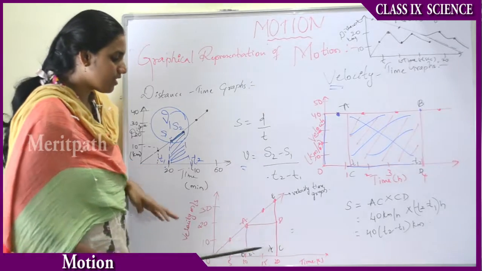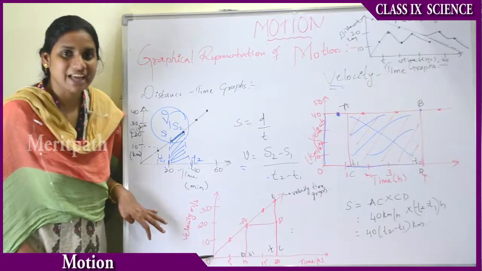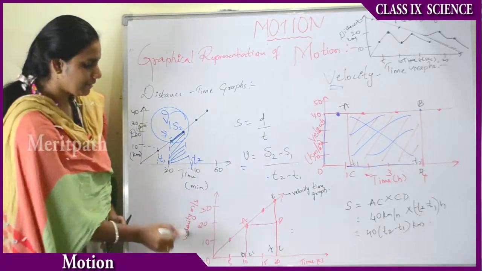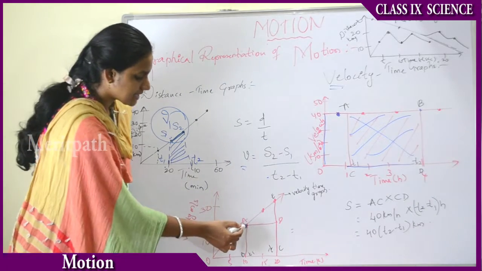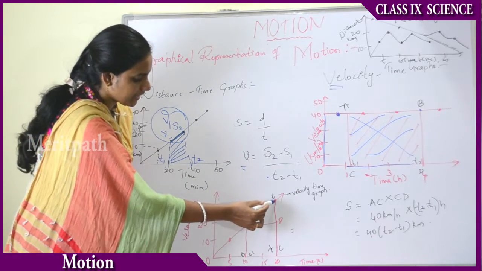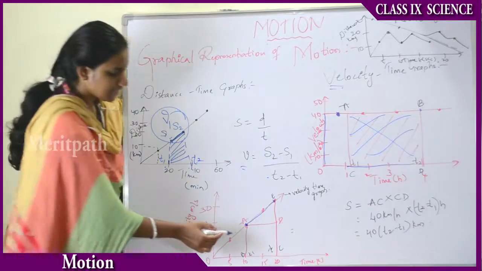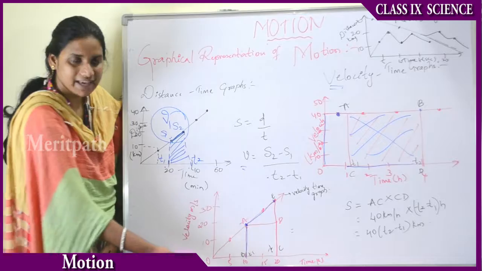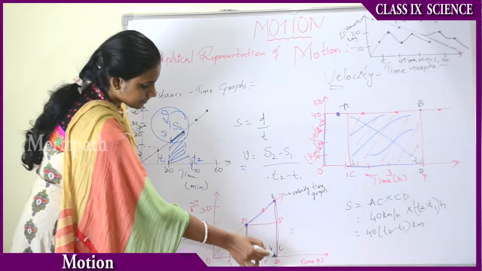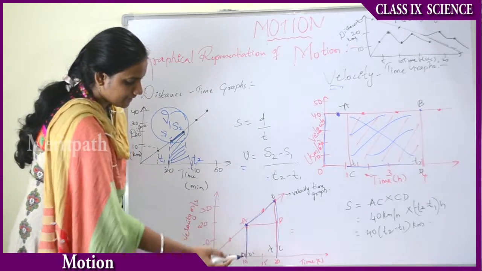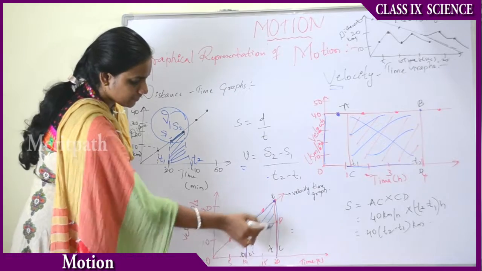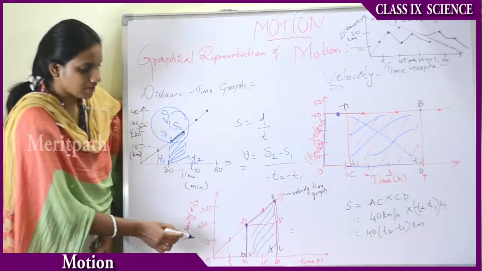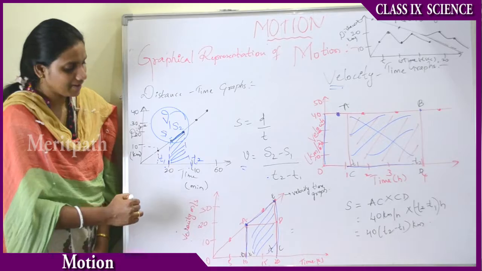And at the same time, we will be seeing here the uniform velocity time graph. As shown here, we will be representing the distance covered by the car between points A and E. That is, we will be marking down, pointing it down to the x-axis, B and C. This total distance will give the velocity of that particular car.